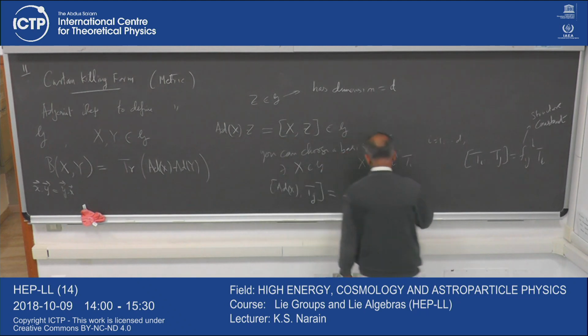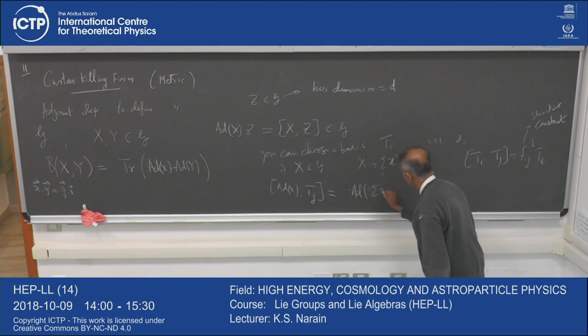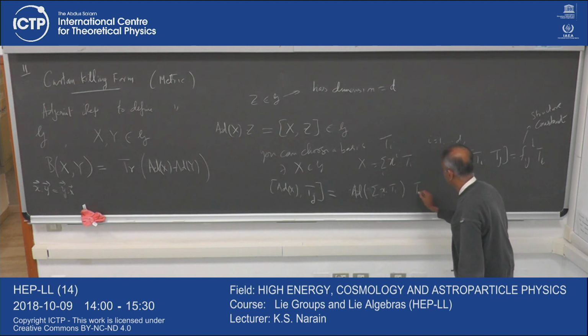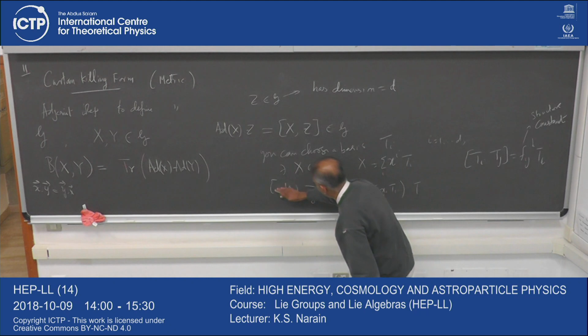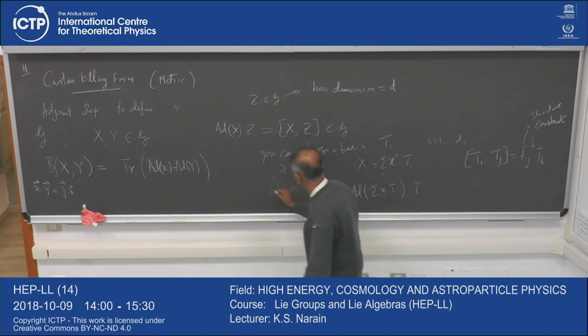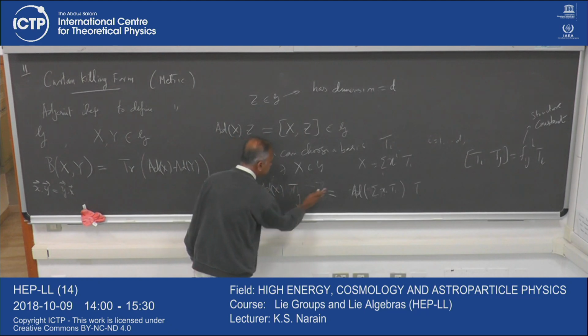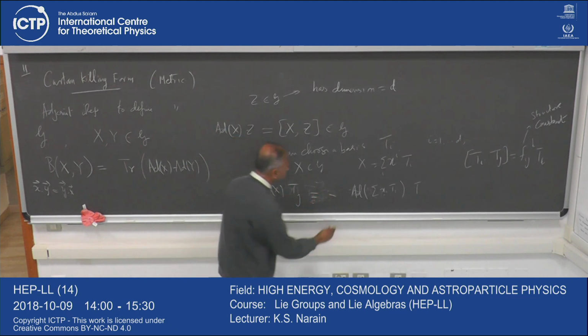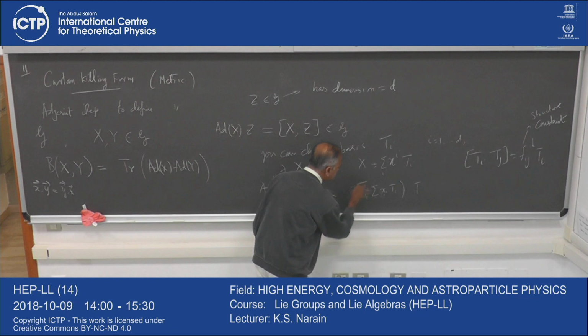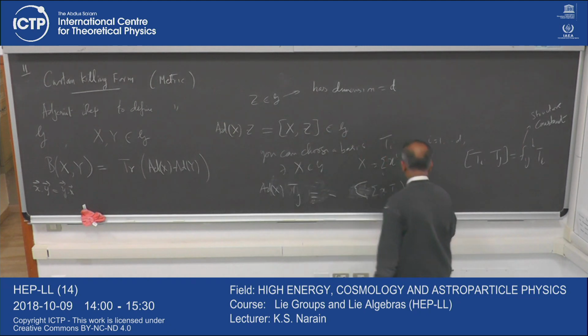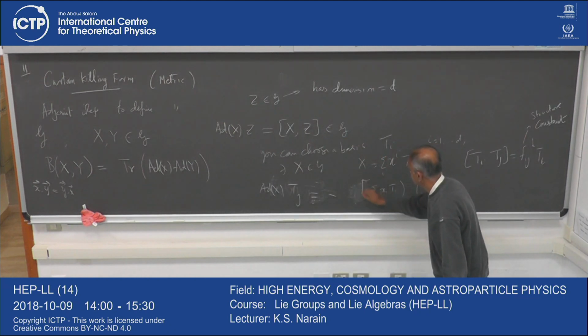Maybe I should write explicitly here: ad x on t_j is by definition the commutator of this with t_j, right? The commutator of that.